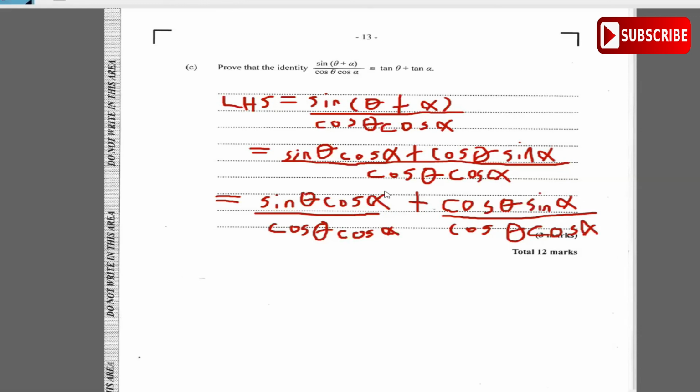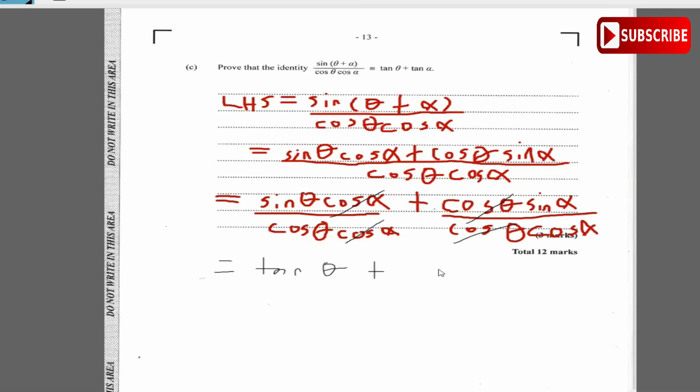Now cos alpha cancels cos alpha here. Sine over cos theta is tan theta. So that is how they get the first tan theta. Look how easy that is. Then the cos theta over cos theta cancel, and sine alpha over cos alpha is tan alpha.